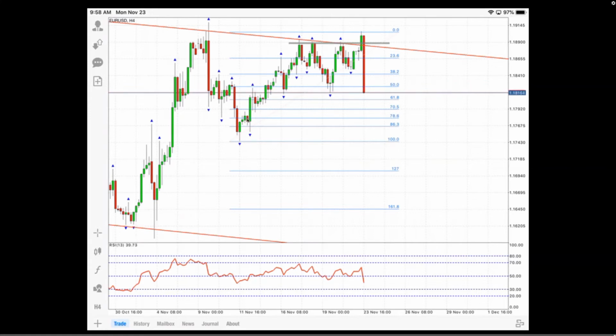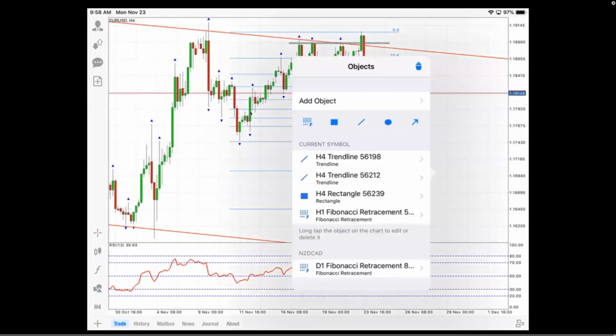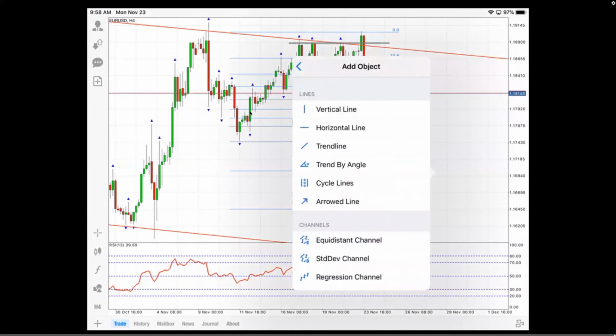Beautiful institutional candle, big sell to buy move, and an imbalance right there. So all the ingredients of this pie are going on right now. So I'm setting a buy limit here.